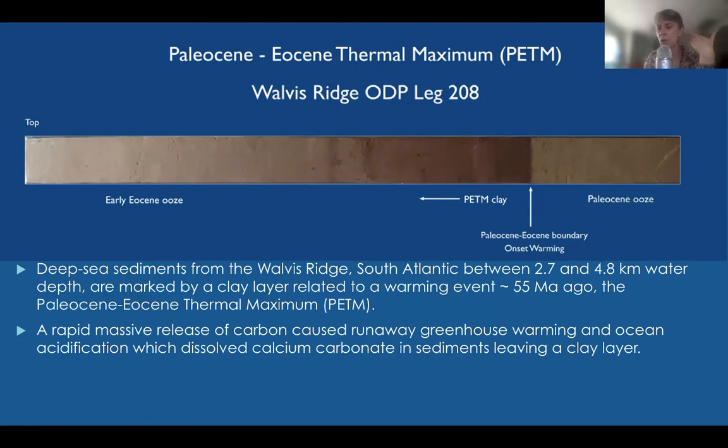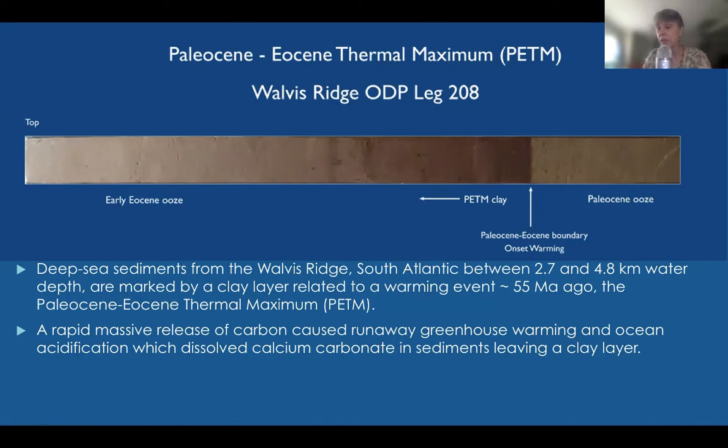And this warming was caused by a large release of greenhouse gases, of which CO2 had to be a large component because it changed the chemistry of the ocean. It made the ocean very acidic, and that ended up dissolving all our microfossils. So remember these guys? Well, they are down here in this whiter stuff. And then when you get into this red stuff, they've all dissolved out because the ocean became acidic.